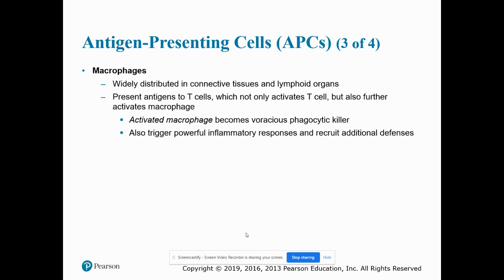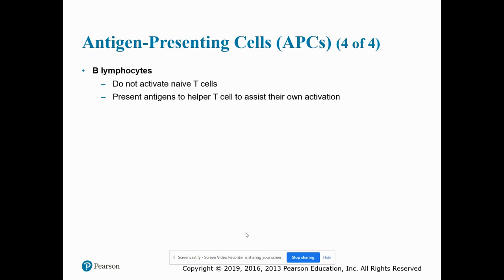So that activated macrophage becomes a voracious phagocytic killer. It also triggers powerful inflammatory responses and recruits additional defenses.